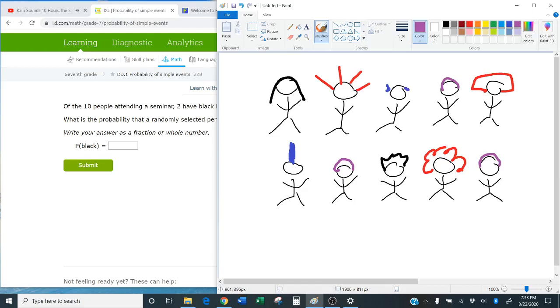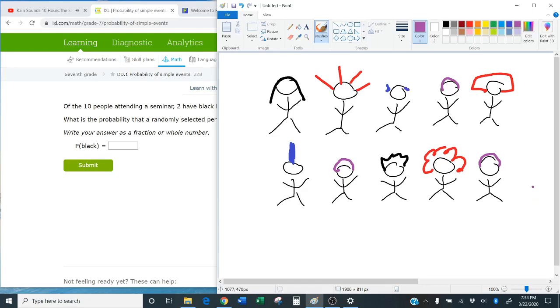Okay, so out of the 10 people, 2 of them have black hair. And we're going to select somebody randomly from these 10 people. So we're going to close our eyes and then just pick somebody. What is the probability that that person will have black hair?